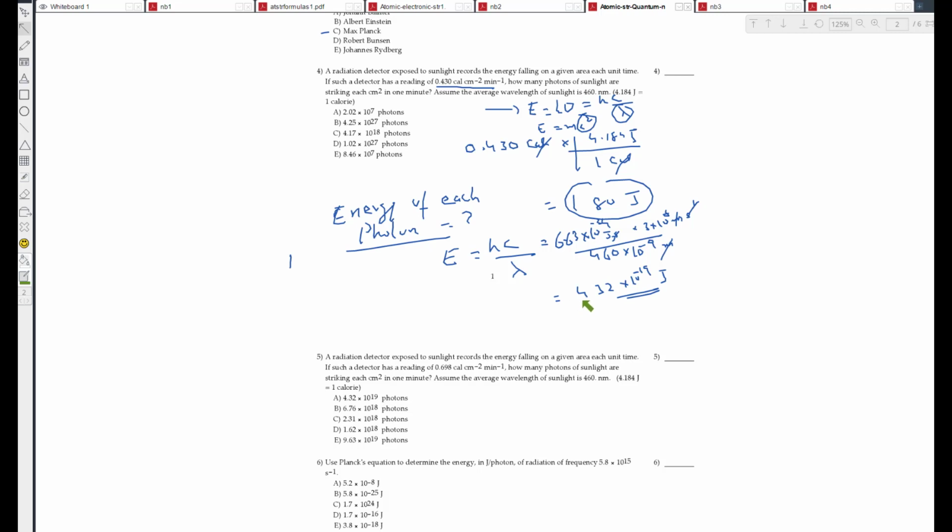I'm going to use this value, but instead of 0.430, I'm using 1.80 joules per centimeter squared per minute. Now I'm dividing by 4.32 times 10 to the power minus 19, because the first is the energy of many photons, and this is one photon. That will give you the number.